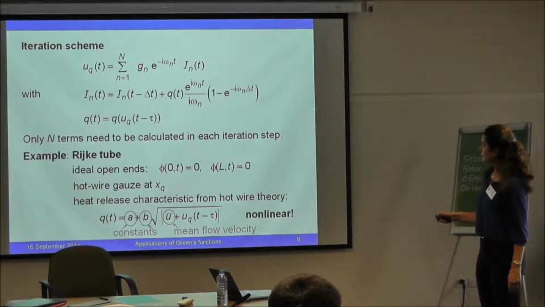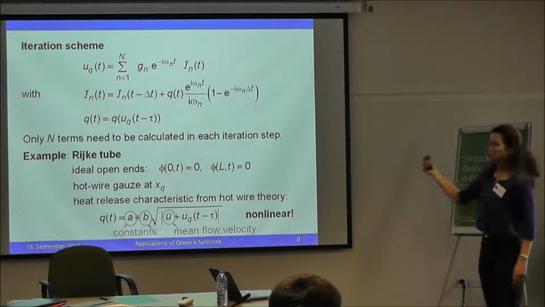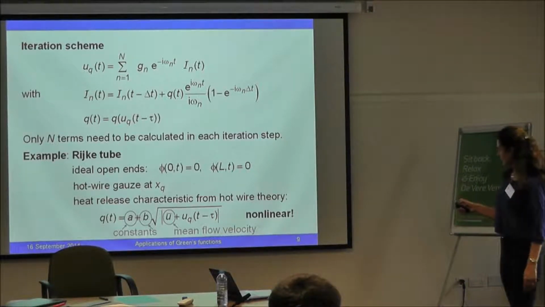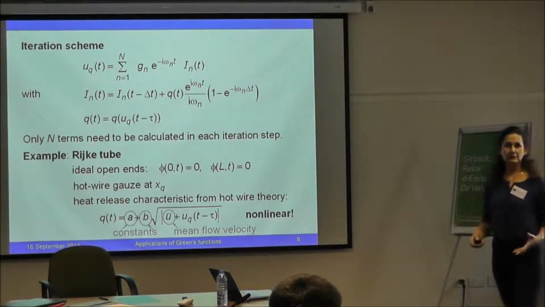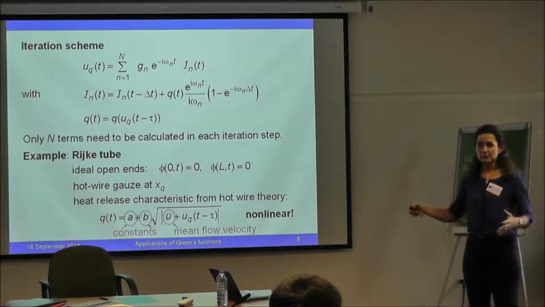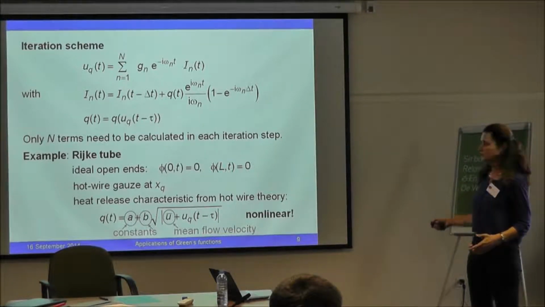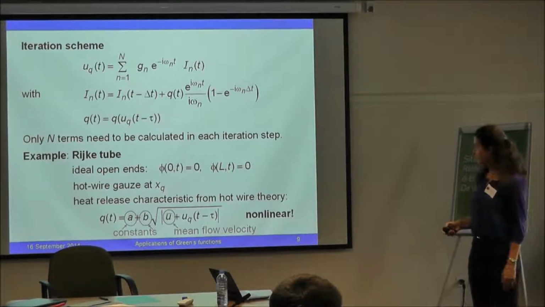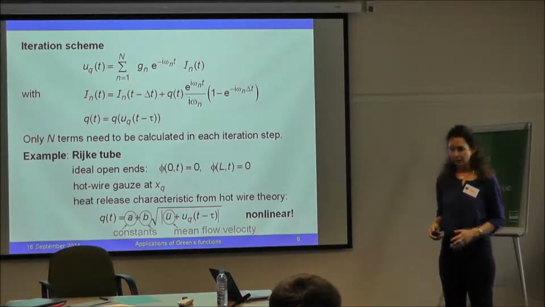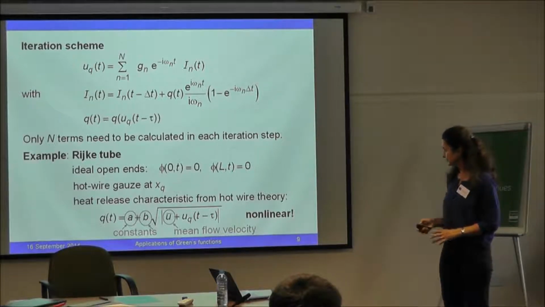And then we get the updated q from a previous velocity, and then it's on to the next iteration step. As you can see, in each iteration step you need to sum from 1 to n, so only n terms have to be calculated in each iteration step, and it doesn't blow up. So this is a much more useful way to work out the time history of the velocity through an iteration.